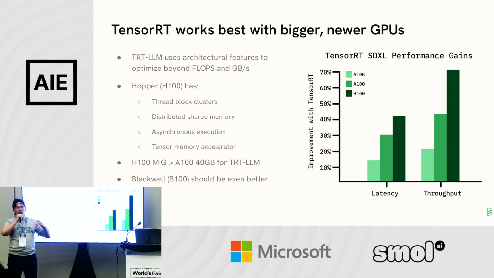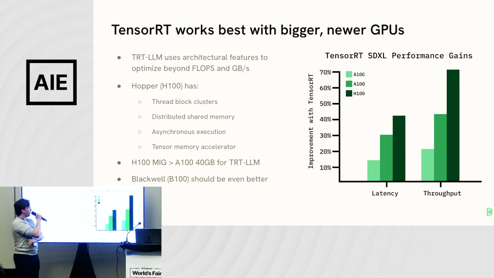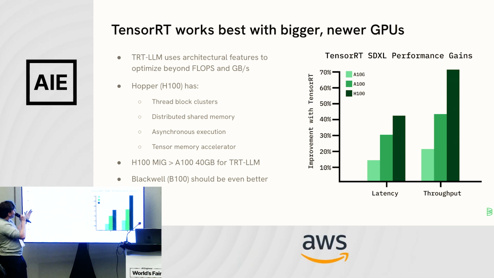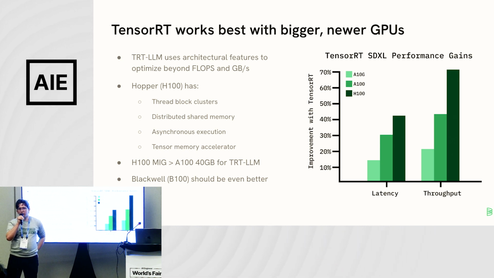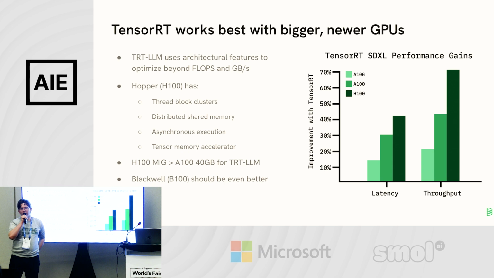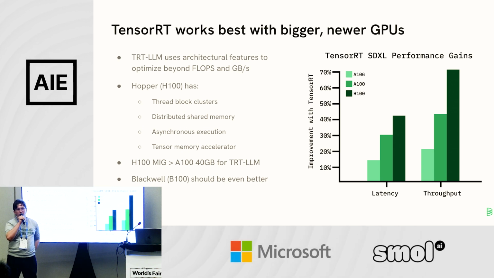You're actually getting more of a performance gain going from one GPU to the next than you would expect off raw stats alone. That's because H100s have all these great architectural features, and TensorRT, because it optimizes the model by compiling CUDA instructions, is able to take advantage of those architectural features, not just run the model raw.